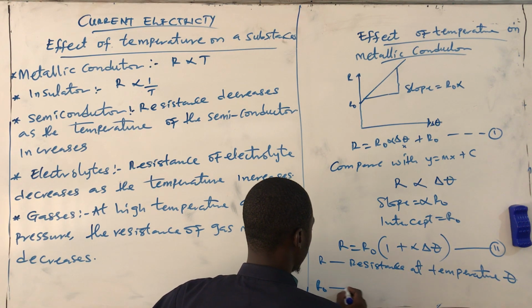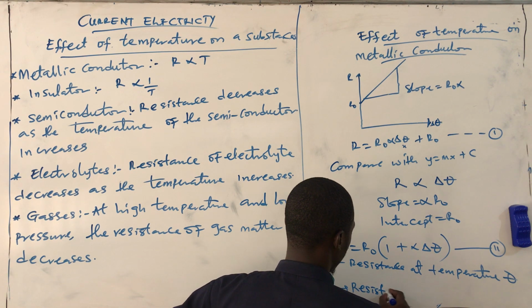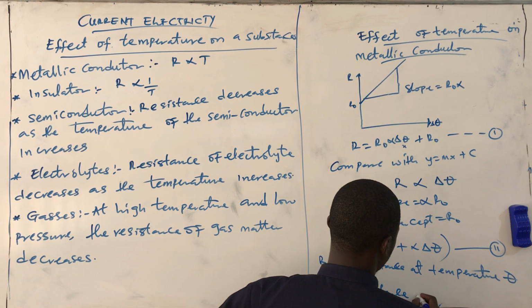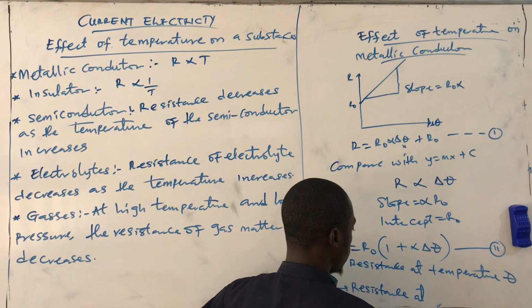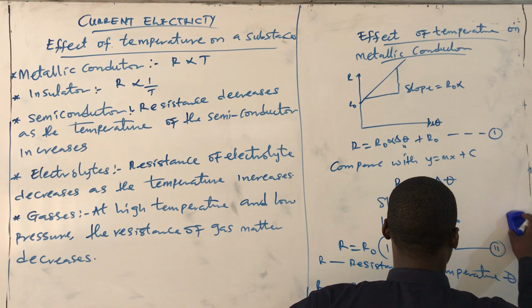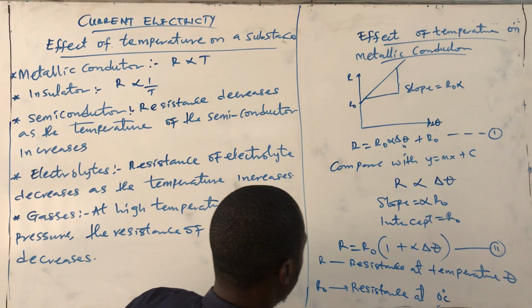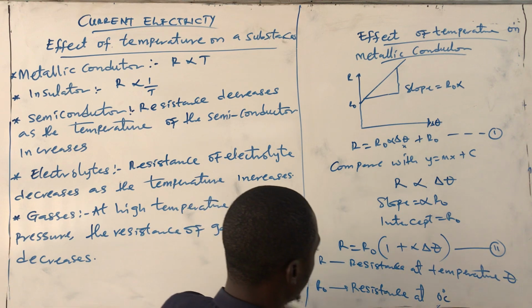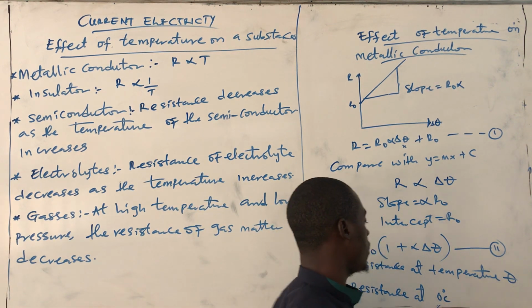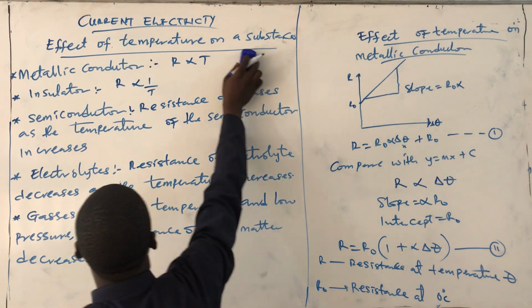R naught is the resistance at 0 degrees Celsius, that is the ice temperature. So if we raise the ice temperature to a certain temperature, call it theta, we call the resistance R. And our alpha is the same thing as what?